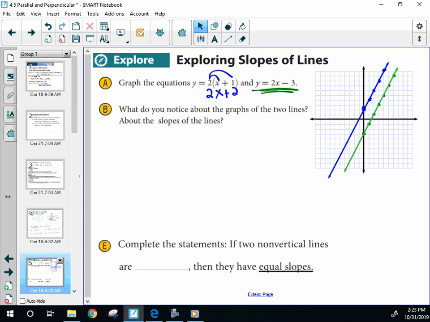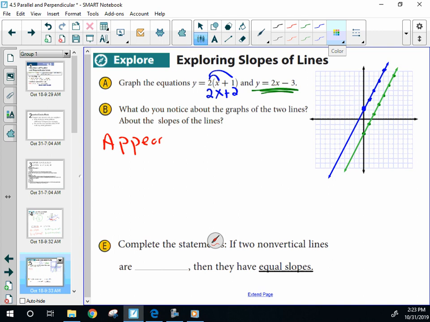They appear to be parallel, don't they? Well, how do I know if they're parallel? What do I notice about the slopes of the two lines? When I graphed them above, the first equation had a slope of 2 and a y-intercept of 2. The second equation had a slope of 2 and a y-intercept of negative 3. What do I know about the slopes of both lines?